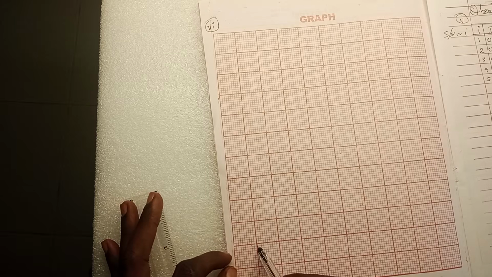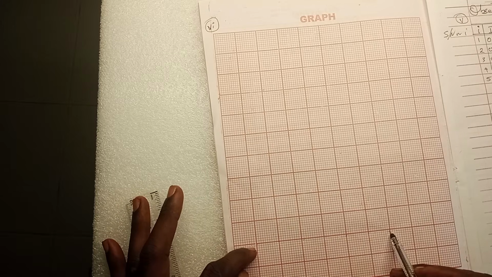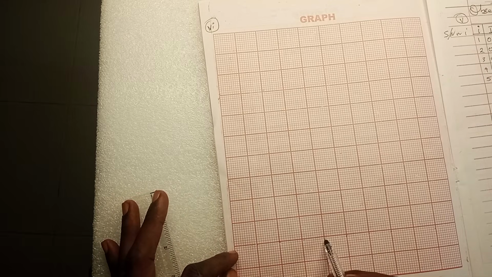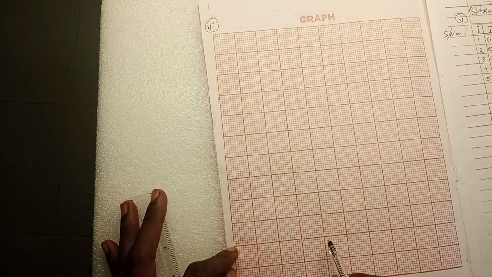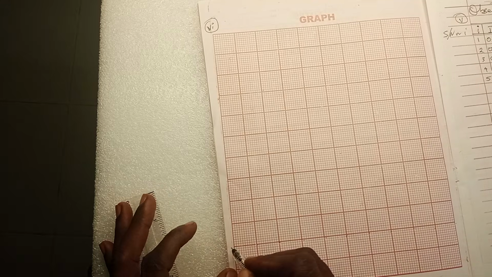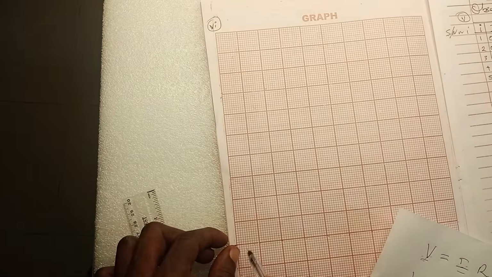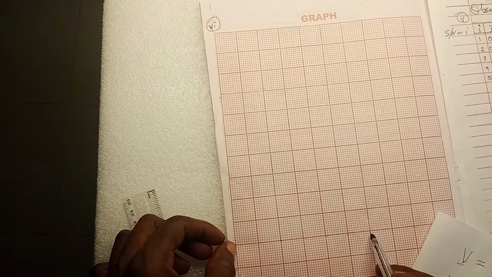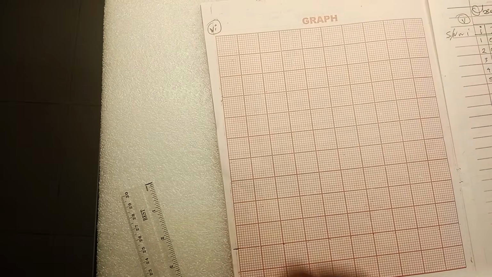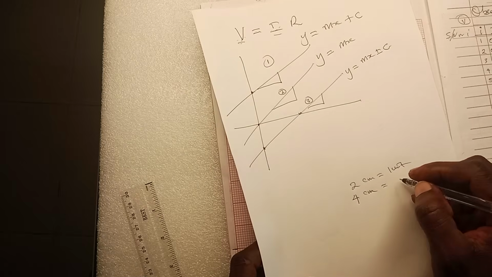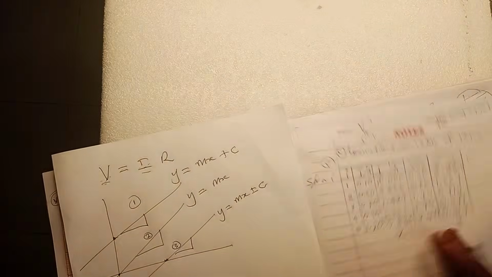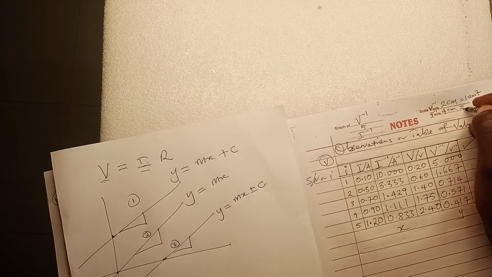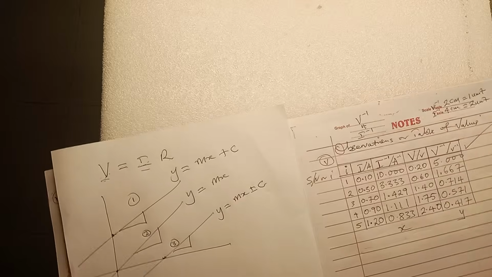Let's say let 4 cm be equal to 2 units on the I inverse axis.